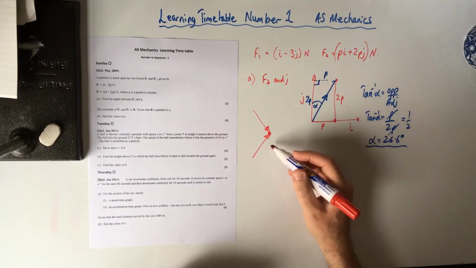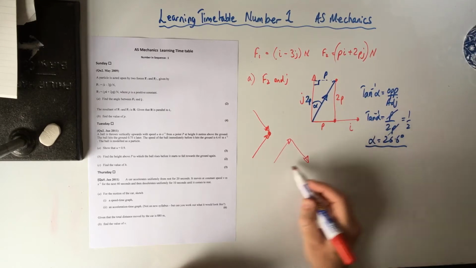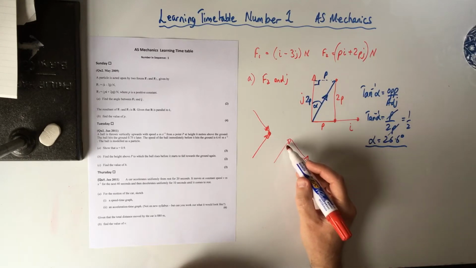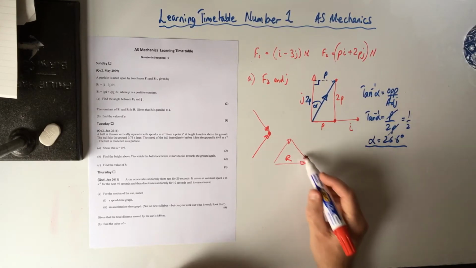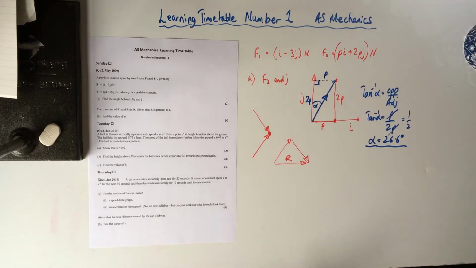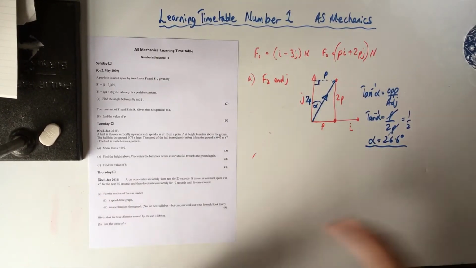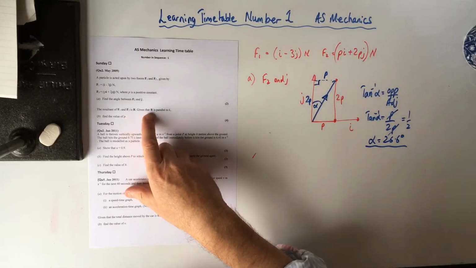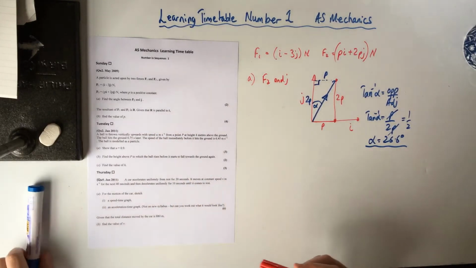The resultant is when you add the 2 forces together, so from the start of one to the end of the other. That's what we're trying to find now. It says the resultant force of F1 and F2 is R, given that R is parallel to i. We'll talk about that in a minute. Let's find that resultant force first.